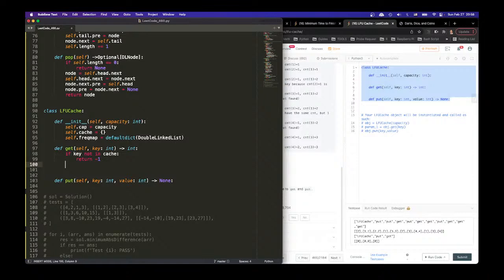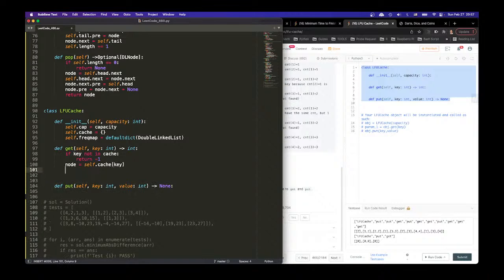Well, if the key is inside, what we need to do is, of course, find the node, self.cache[key]. Okay. So now we find the node. Now what? Well, we find the node. Now we need to remove it from its frequency.